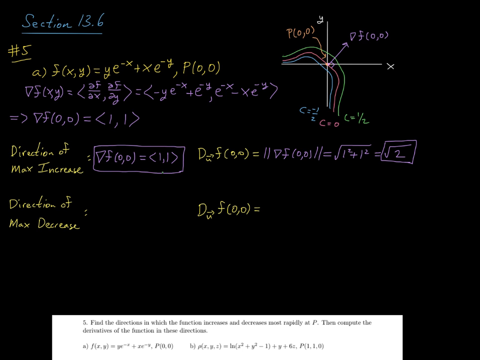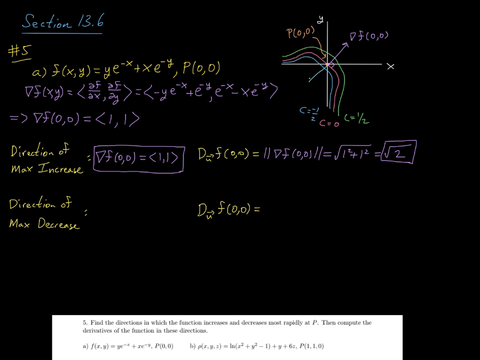Now if I want to think about max decrease, we want to use the same line of reasoning that we did for max increase. If I want to decrease at the fastest rate from the point P, I want to move directly away from this level curve and head directly towards blue.